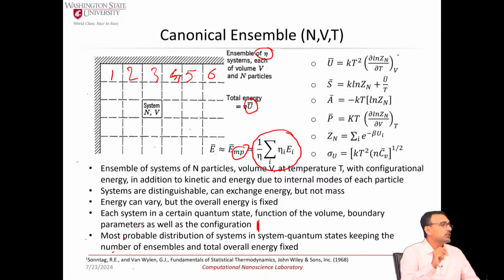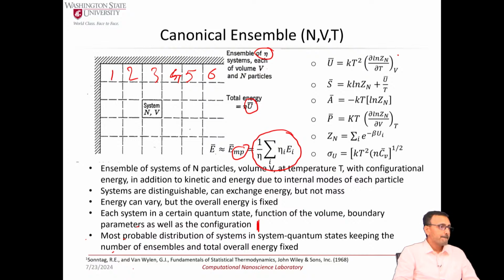Let's say it's oxygen molecules, then they will have translational modes, rotational degrees of freedom, vibrational degrees of freedom, electronic states, electron spin, and nuclear states. So if you sum all of them up, what you get is a description of the quantum state of that collection of n atoms, which is captured through that partition function.